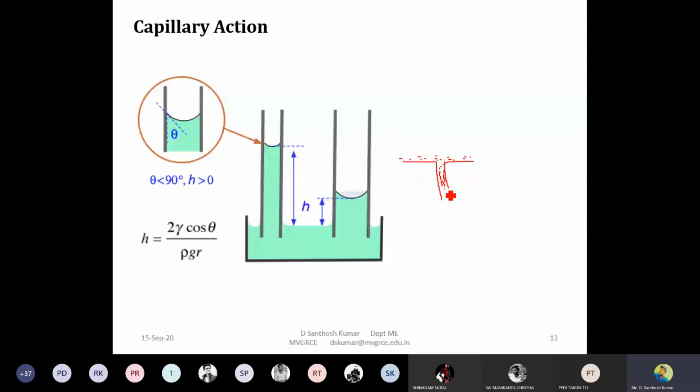This is known as capillary action or capillary force. Because of this capillary force, the liquid can simply seep into the crack.